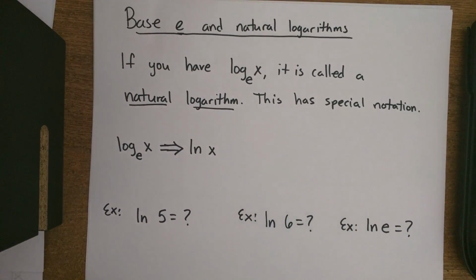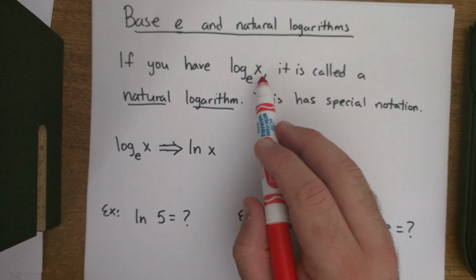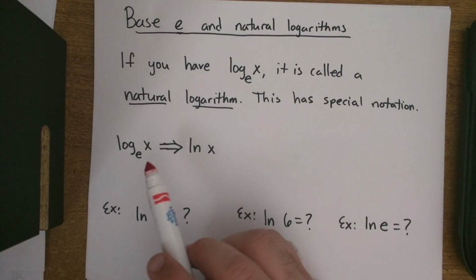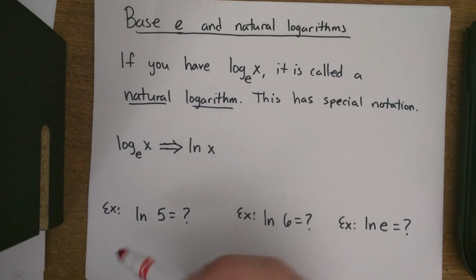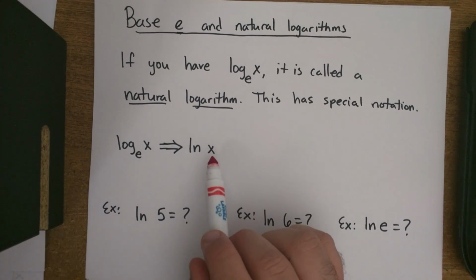With base e, you also have what's called natural logarithms. If you have log base e of x, it is called a natural logarithm. This actually has special notation, and we need to get used to this. So if you have base e, remember e is that number we've been talking about. e is 2.71828. You actually can write it as ln x.